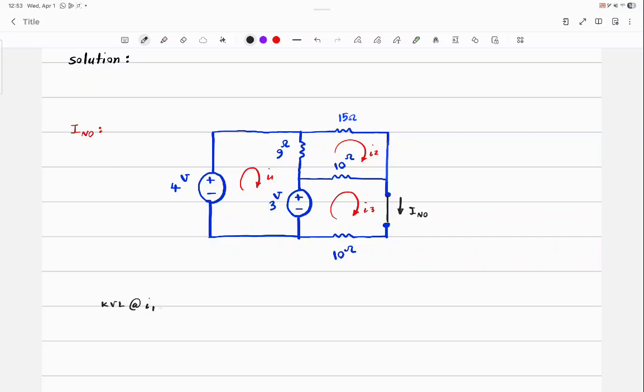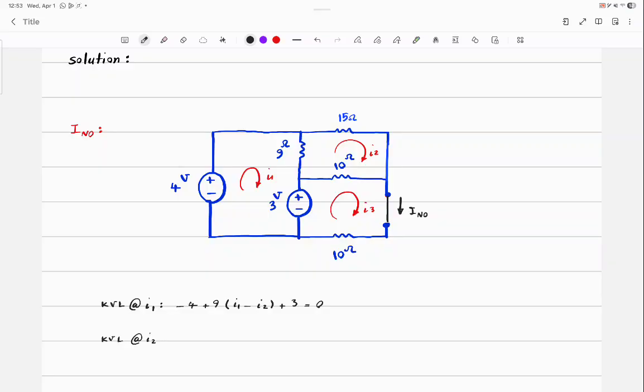KVL at I1 is -4 plus 9 times I1 minus I2 plus 3 is equal to 0.